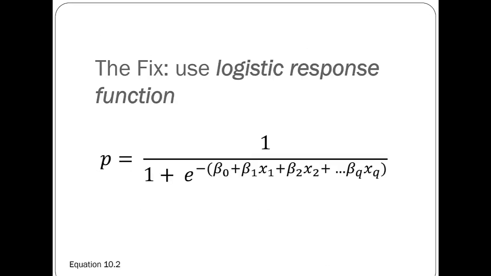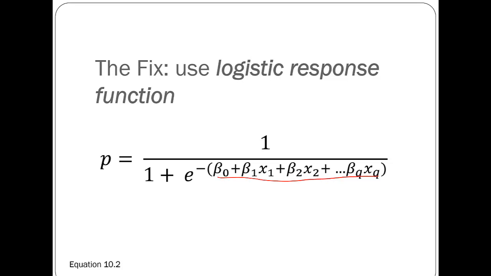one way around this problem is to use the logistic response function, which says take 1 divided by 1 plus e to the minus of that linear function of the x's. And you can see what happens here as this part goes to infinity, gets very big, then e to that power goes to 0, and you're left with 1 divided by 1, which is 1.